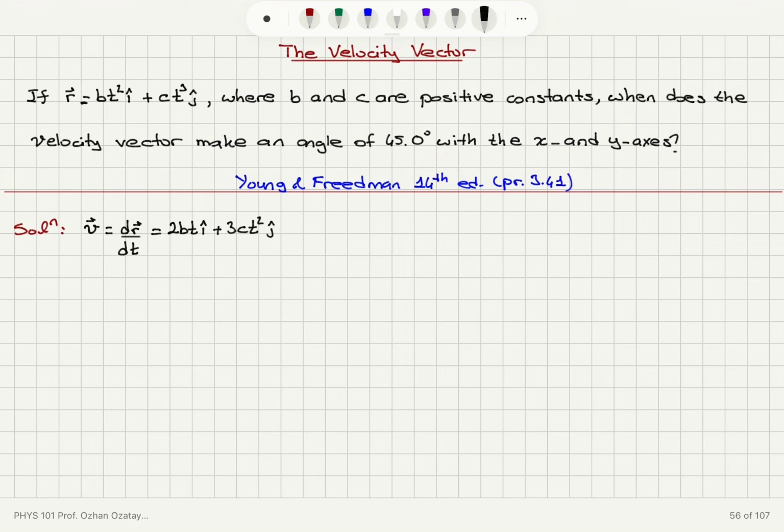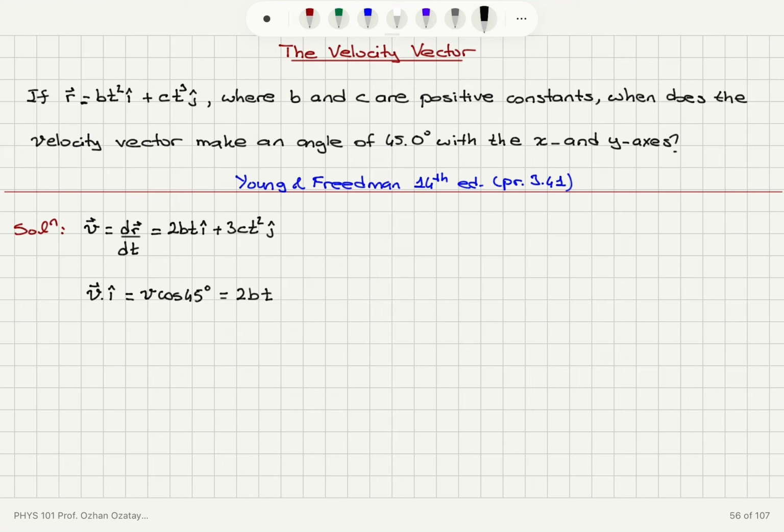So if I take the dot product of the velocity vector with the unit vector on the x-axis, i hat, I obtain the magnitude of velocity vector v, magnitude of i hat is 1, cosine 45. So this should be equal to the x component, which is 2bt.